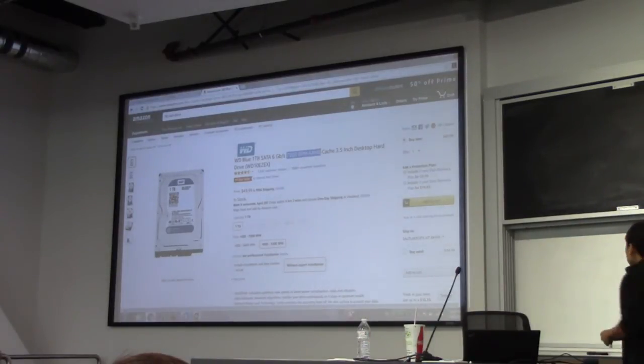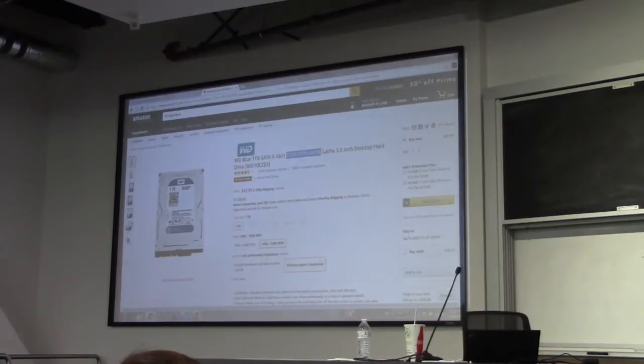Now, why does this tell you the rotation delay? This basically tells you that you do 7,200 rotations per minute. In other words, you do this many rotations in 60 seconds.